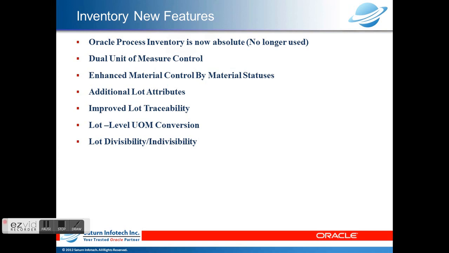Oracle Process Inventory, which is used by Oracle Process Manufacturing, is no longer available. Second, dual unit of measure control has been introduced into R12 Oracle discrete inventory. More enhanced material control, which is mainly governed by the material statuses, is now available in release 12.